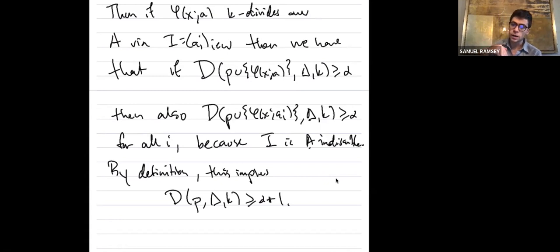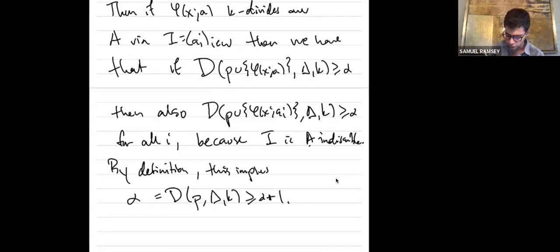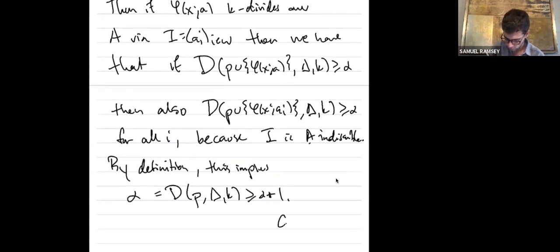So if the rank didn't go down, then that would mean retrospectively that the rank of dp, delta, k had to be at least alpha plus 1, but it's also equal to alpha by our assumption. And that's a contradiction. Okay, so if you divide, the rank drops.